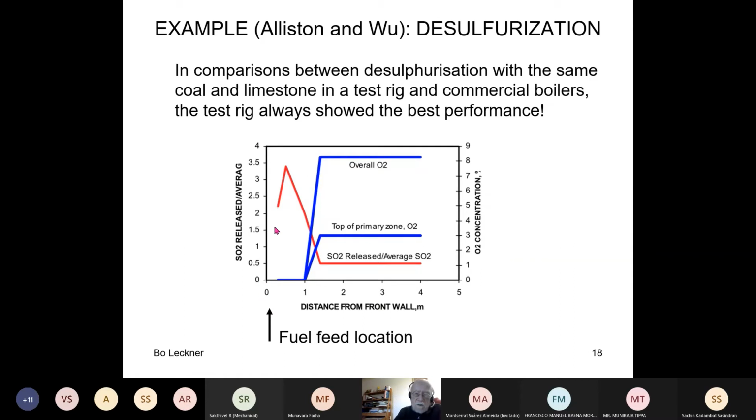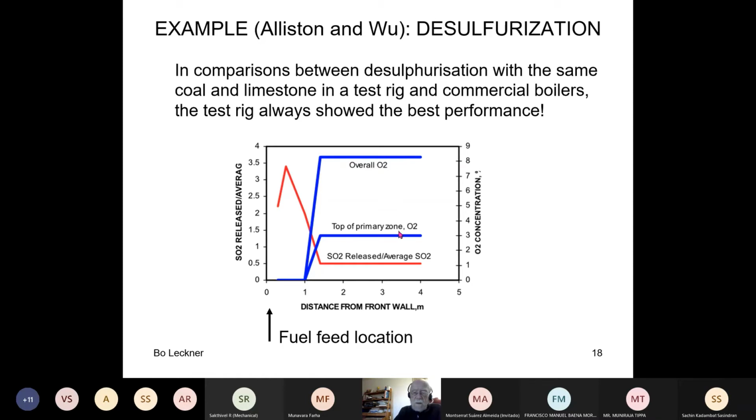So what you see here is the peak of sulfur concentration in this region, 1 meter from the front wall, but then further away the sulfur concentration was low. The same thing with the oxygen. There was no oxygen here, but only at some distance from the fuel injection point do you have an excess of oxygen. This was below the secondary air injection point, and this was above the secondary air injection point.